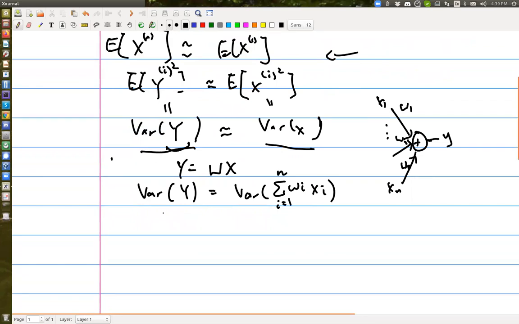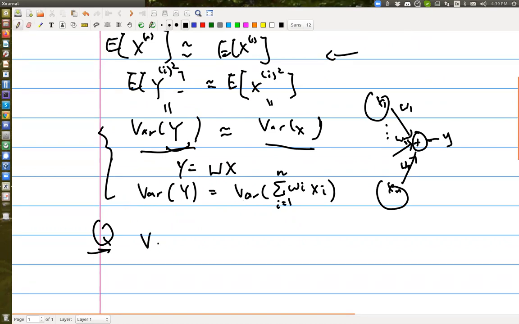Now if I assume these X are independent, or actually they don't even need to be independent, if I can make it a weaker condition, it's just uncorrelated. By the way, maybe I want to see how much background you guys have on this kind of stuff.